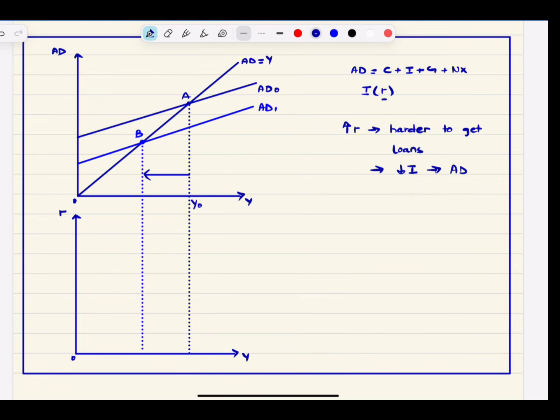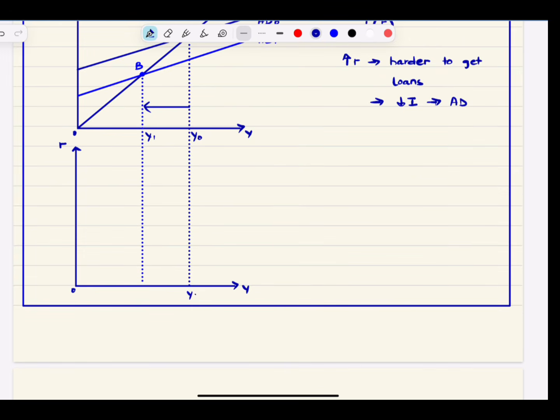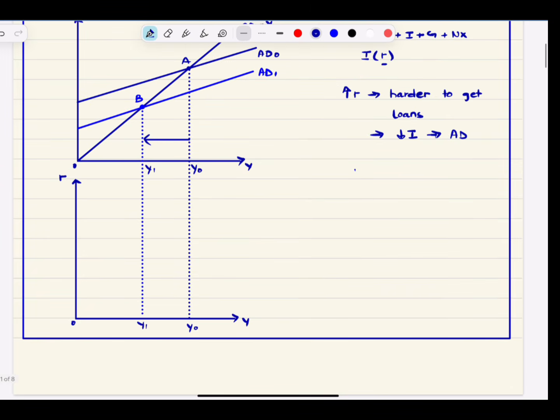So output went from Y0 to Y1, and the interest rate was rising, so I know the value of R1 has to lie above. I can write R1 here and an R0 here. This is my point A, and this is my point B. Once I join these two points, I will get my IS curve.